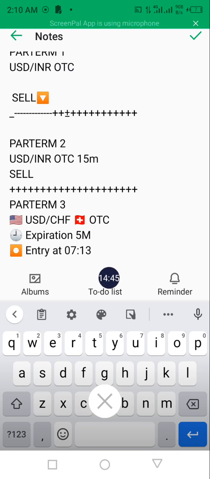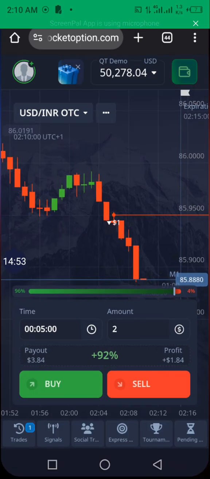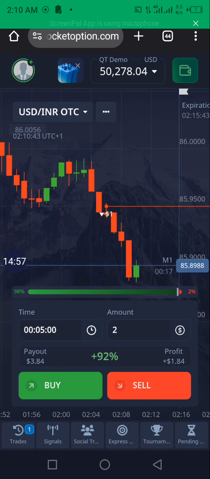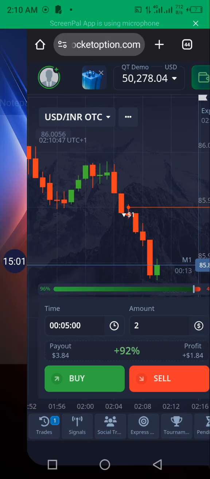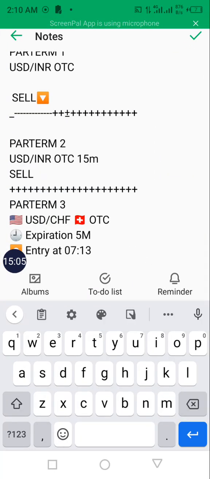So immediately the clock here on my phone reads this 13, I will quickly come here and enter the trade immediately. If this trade says buy, I click on buy. If it says sell, I click on sell. I hope that is clear enough.